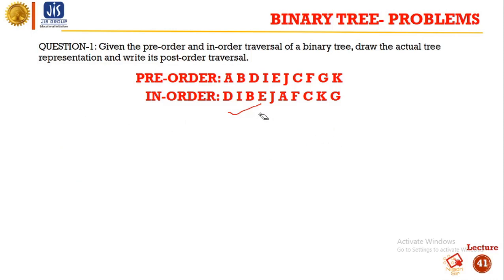As you can see, in pre-order the first one will be the root. So A will be the root, so A will be here.